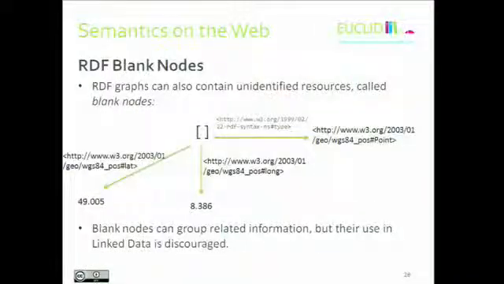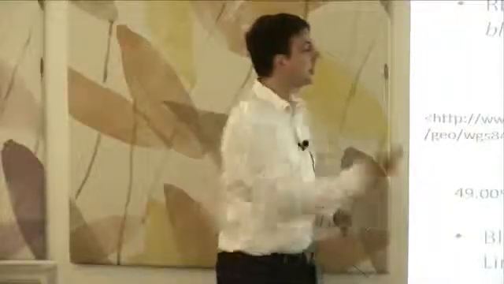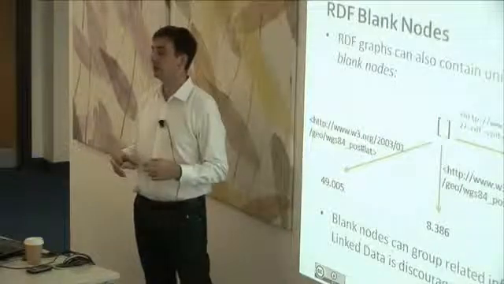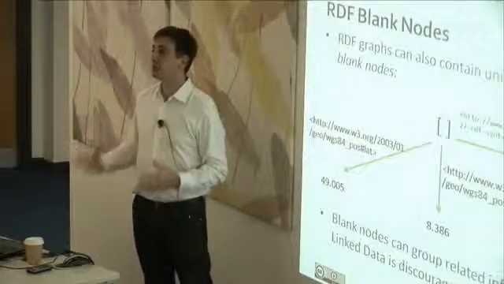Now, that doesn't completely describe the kinds of graphs that we can form, because RDF allows us to have something called blank nodes. Okay? These are parts of the graph where a particular node doesn't have a URI and isn't a literal. Okay? So these don't have the restrictions of literals. You can have multiple arrows coming out of a blank node, but the blank node doesn't have a URI.